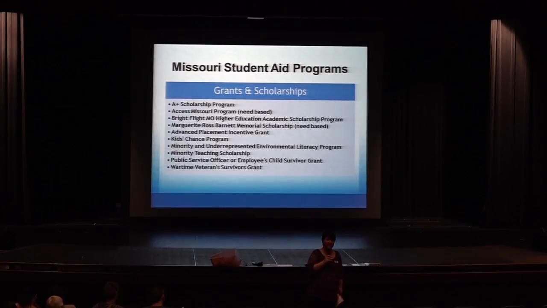How much money? If you turn the page to page 36, it has the award amounts. If you're going to a 2-year institution, anywhere from $300 to $1,300 a year. If you're going to a public 4-year institution, State Technical College of Missouri, or a private institution, anywhere from $1,500 to $2,850 a year.